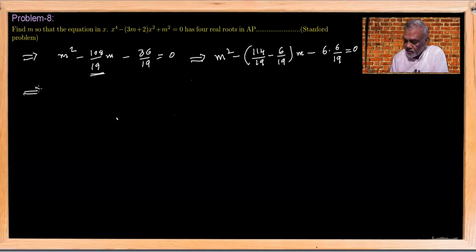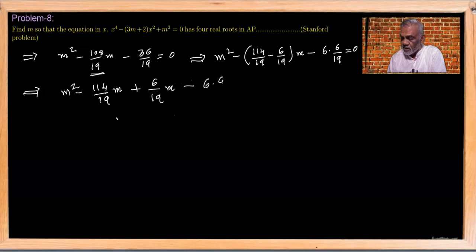And this implies m square minus 114 by 19 m plus 6 by 19 m minus 6 into 6 by 19 is equal to 0. Why have I taken 114? Because 114 by 19 is equal to 6.